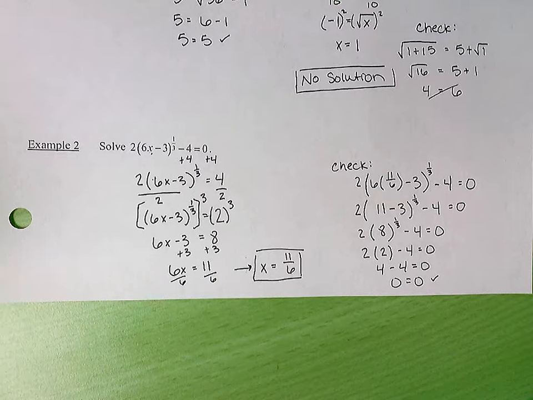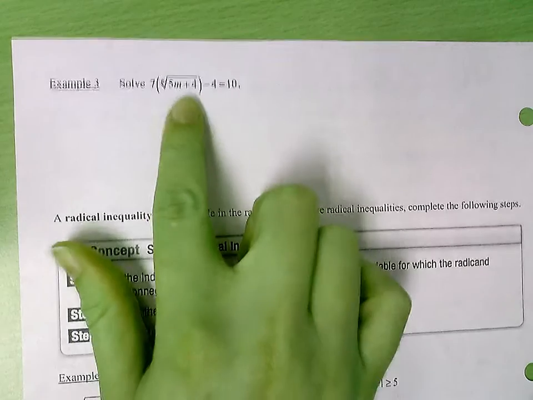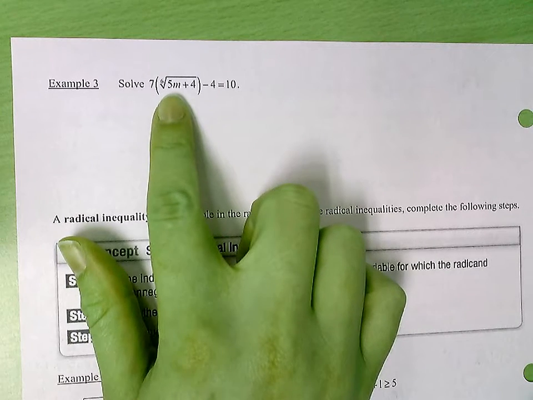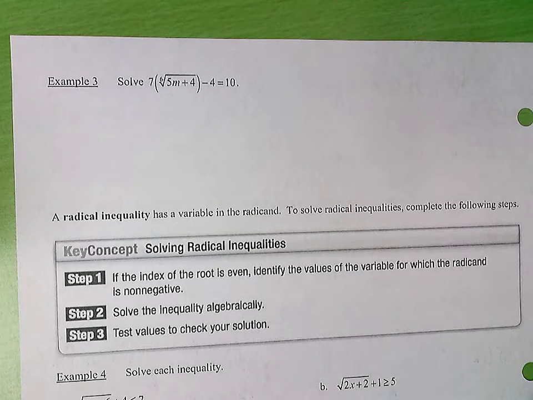We have another example on the back. I want you guys to try that one. No, I want you to do example 3. Isolate your radical. Okay? Example 3. Isolate this 6th root. Then raise it to a power on both sides.